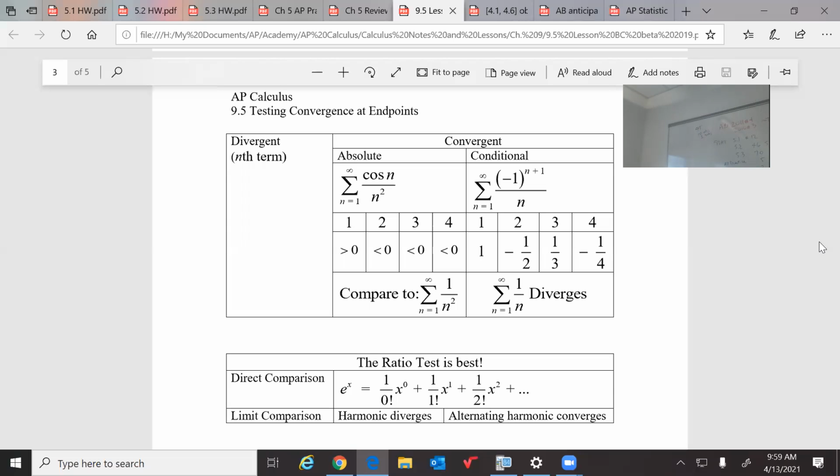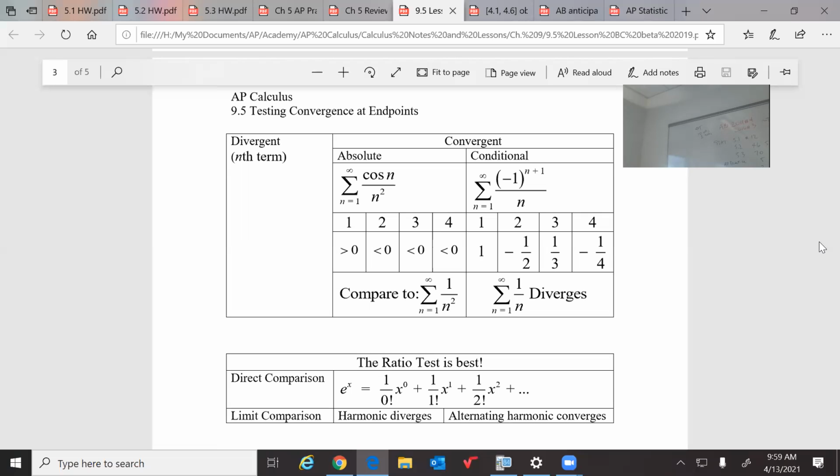The denominator is n squared. So this is a P series where P is greater than 1. It's going to converge.